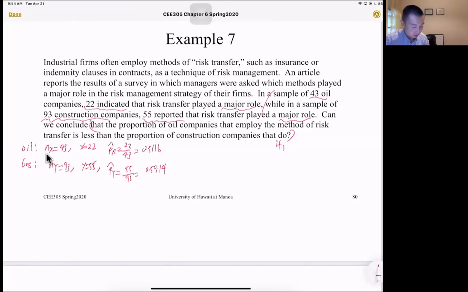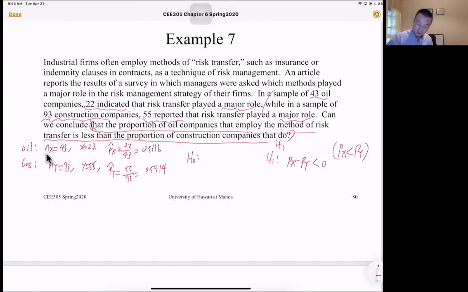So let's set up H0 and H1. Again, this will be H1, so that means px minus py will be less than 0. The proportion of oil companies, X, is less than the proportion of construction companies, Y. So px minus py is less than 0, which is equal to px less than py.